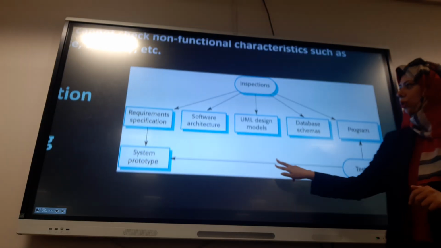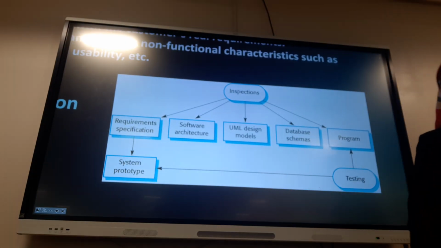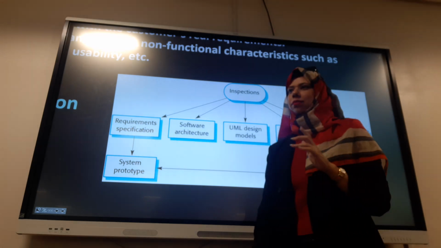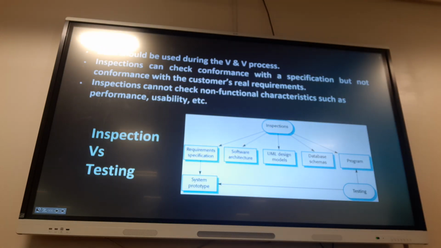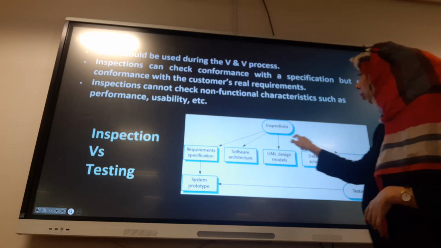So how would we do this? We have what we call inspection. What does that word mean? To inspect. To inspect. So you try to see what's behind, right? If it works correctly or not. That's what inspection holds.